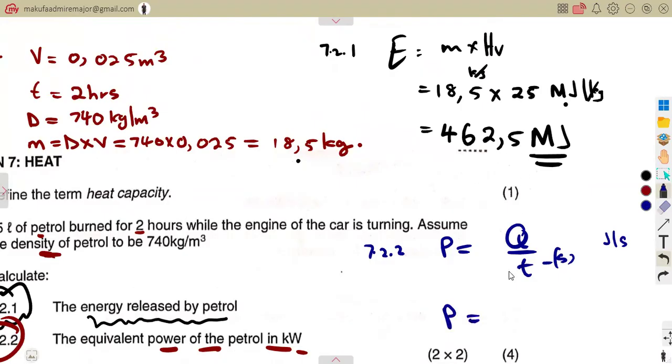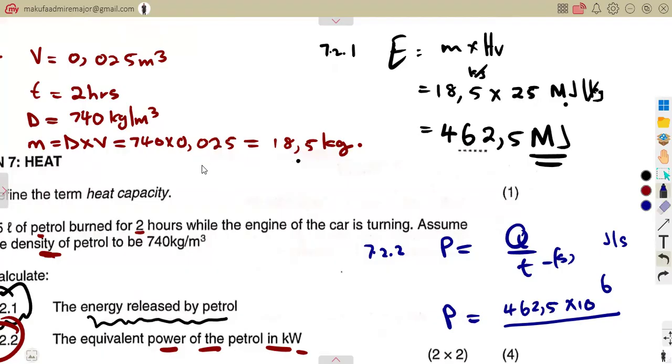If you use the energy in megajoules, like what you are given, you are going to obtain megajoules per second, which is megawatts. If you do not want to do that, you can just write it as it is, 462.5 times 10 to the exponent of 6. It's in your hands.